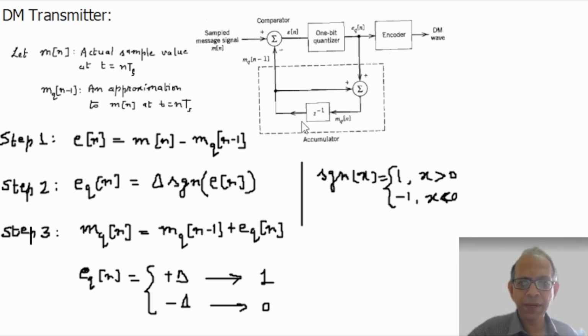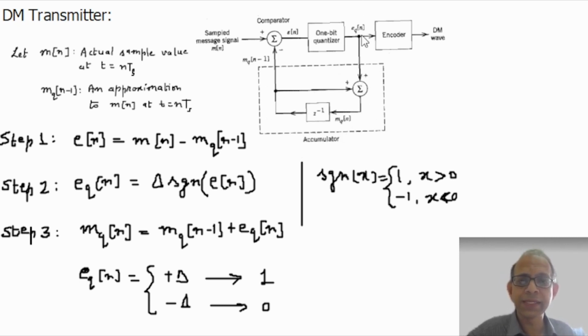From mq[n], we get mq[n-1] using a single bit delay element. And indeed, this process, the third step, is what is also called accumulation, and what is achieving it is an accumulator.